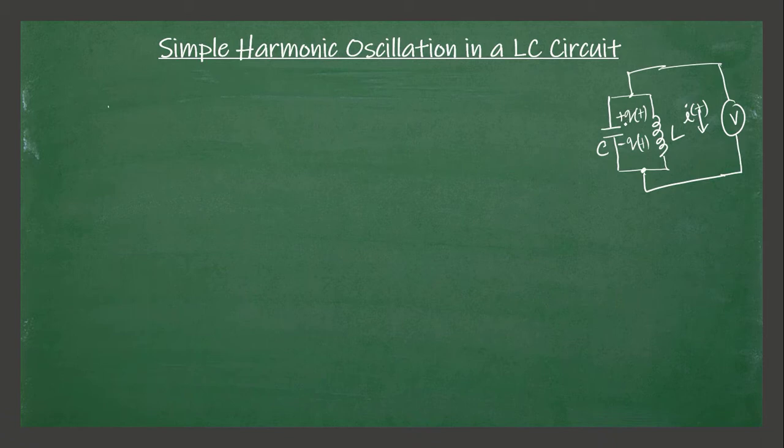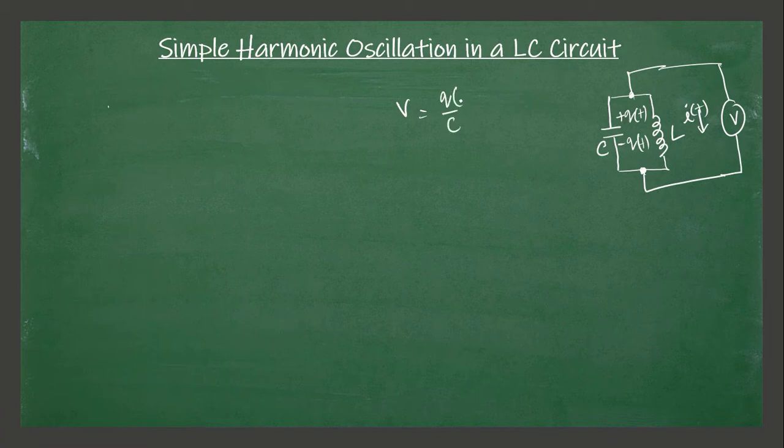As the capacitor and the inductor are connected in parallel between these two points, the potential of the capacitor and the inductor should be the same. So remember the equation of the voltage difference due to a capacitor. What was that? Well, it was Q over C.